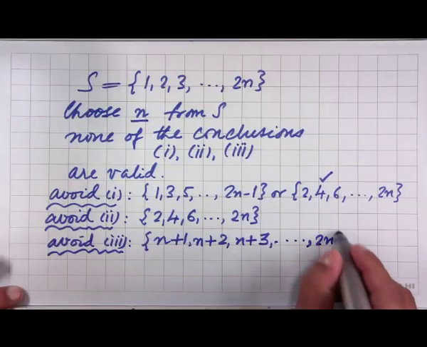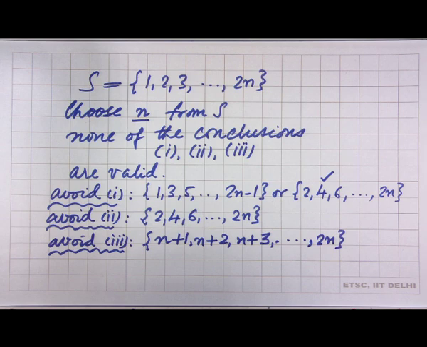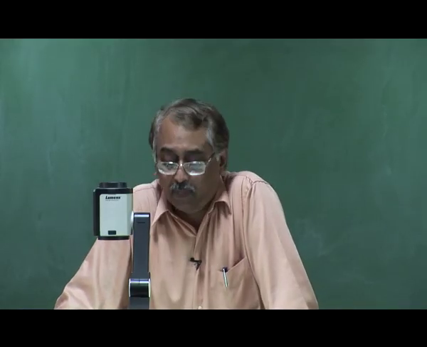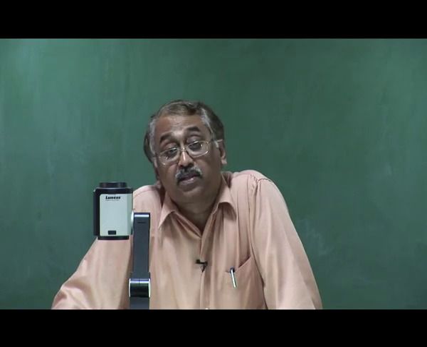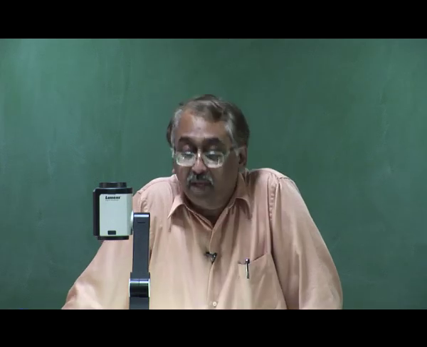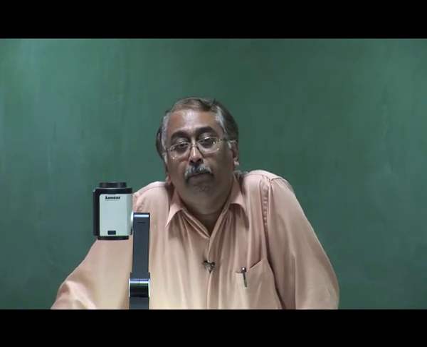And if the smallest number in this collection is such that twice that number exceeds everything in that set, there's no scope of A dividing B from within this collection. And luckily for me, there are precisely n elements in this set. So it is possible to choose n elements from this set and avoid A dividing B.